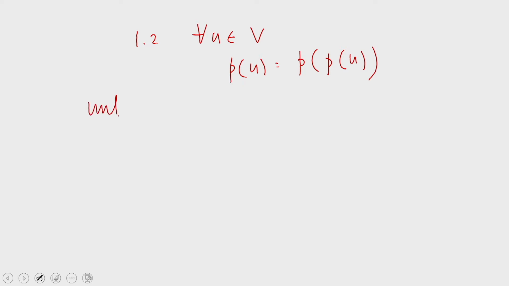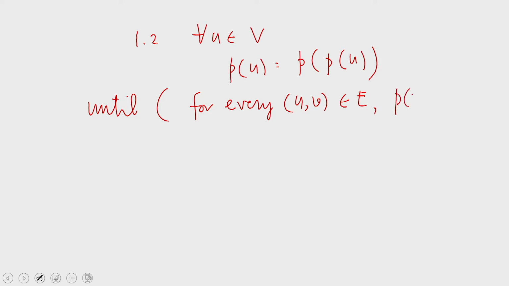We continue doing this until, for every directed edge UV, P of U is the same as P of V. So, that is what the algorithm is. But we have to explain some things now.